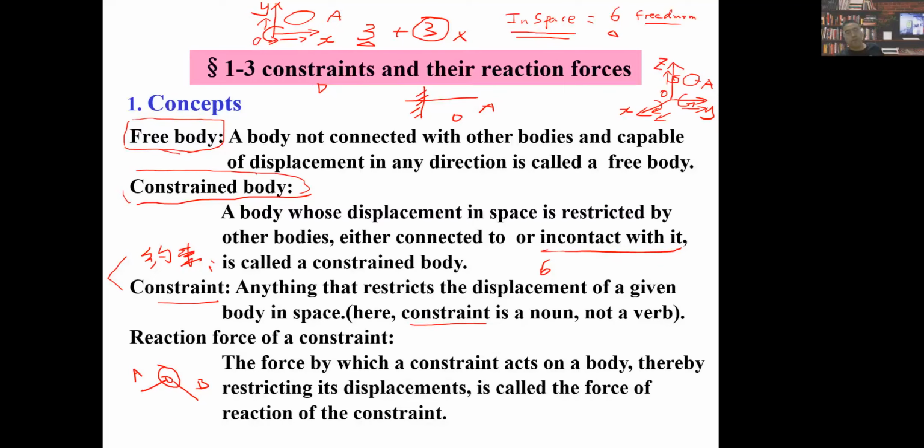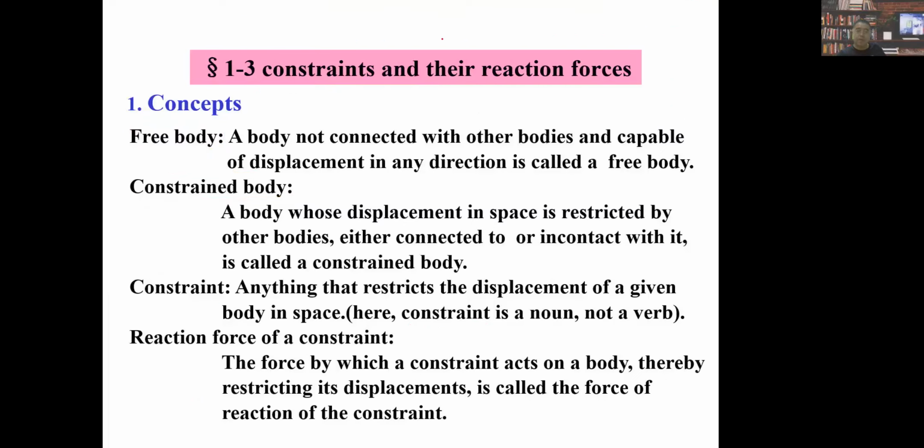Do you guys know? After we finish this bit, I will introduce some common types of constraint to you guys and tell you how to draw their reaction forces. So let's move on.